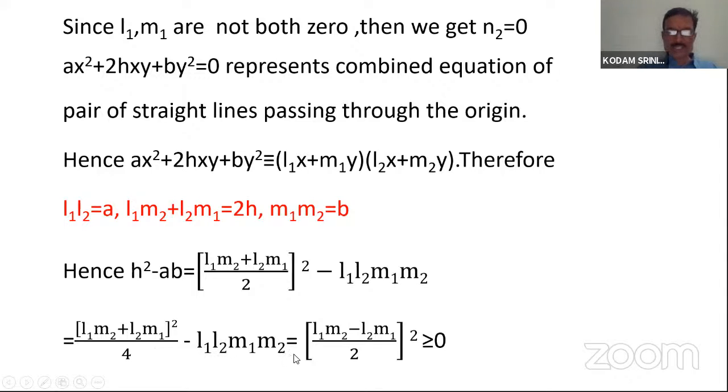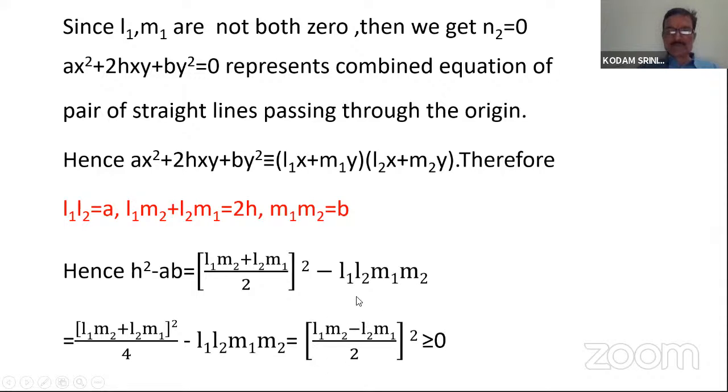So after simplification, the numerator will be of the form (A plus B) whole square minus 4AB. We know that (A plus B) whole square minus 4AB equals (A minus B) whole square.